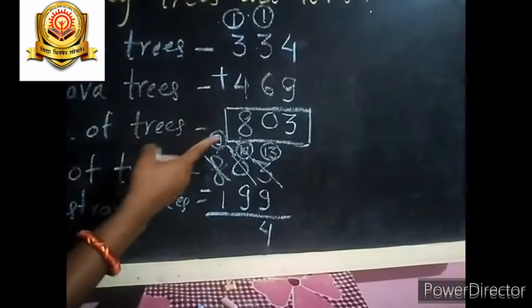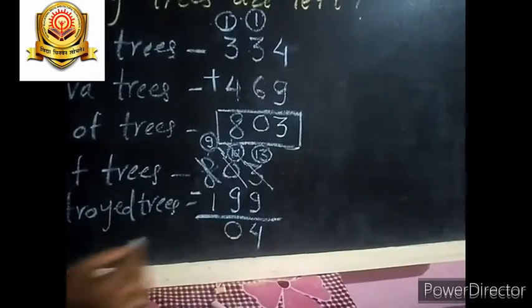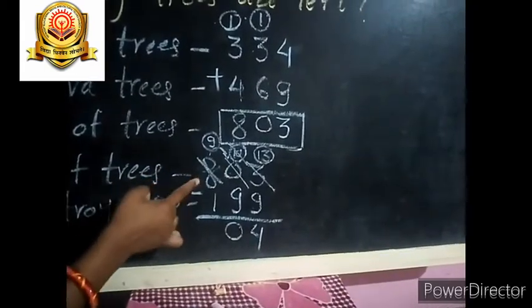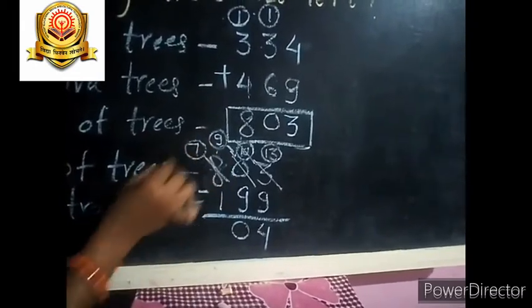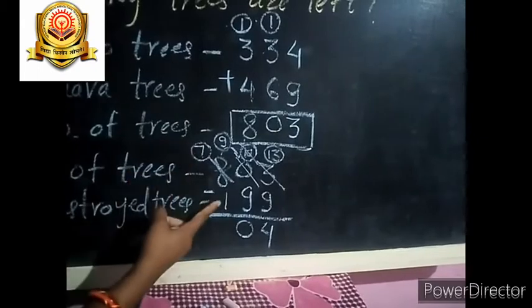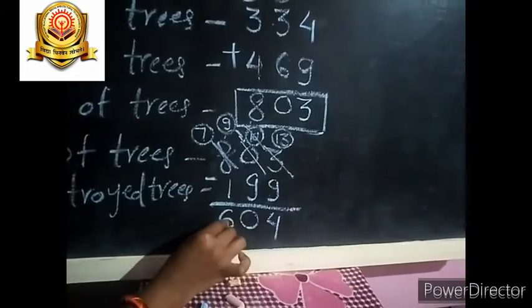Then this 9 minus 9, 0. We take one borrow from the hundreds place. So here 7. Then 7 minus 1, 6. So write here 6.